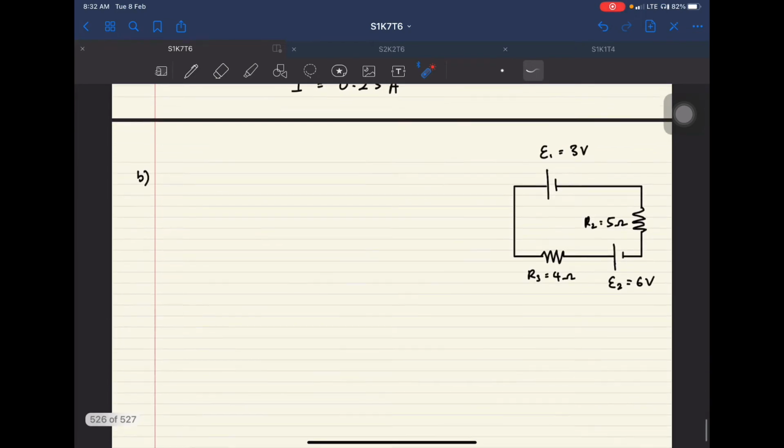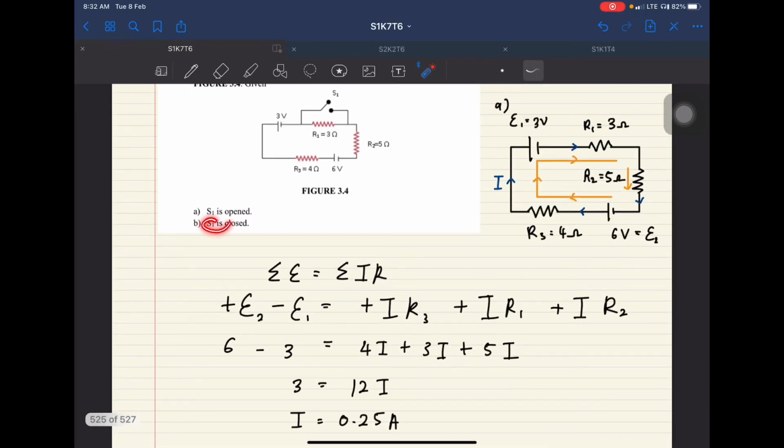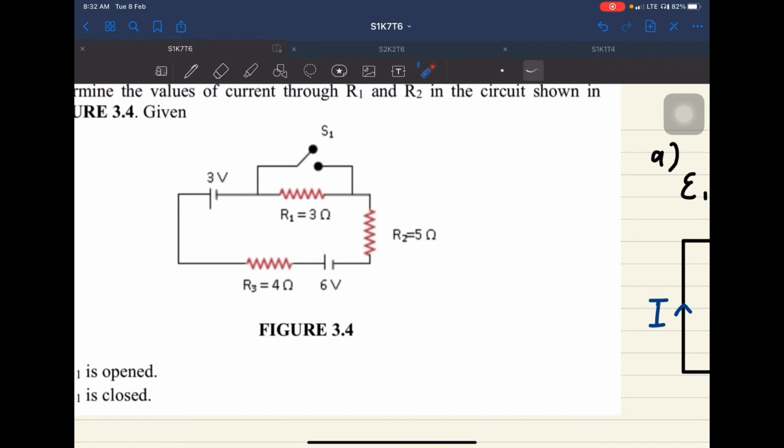The next part, what will happen when S1 is closed? When S1 is closed, if you imagine the current flows in that direction, it meets a junction over there. Over here, the current has two options: it can choose the path without any resistance, or it can go through the one with a resistance.